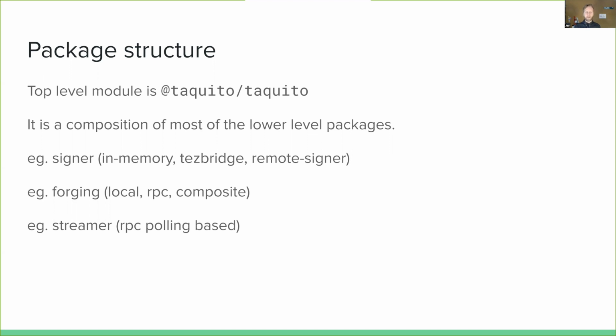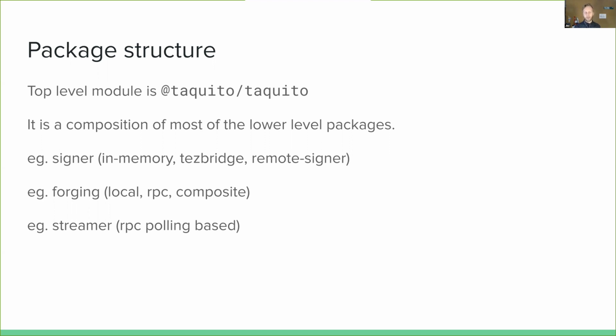But we have many more lower level packages, different packages for signing, for forging operations into bytes, for streaming, and so forth. And the high-level package Taquito is a composition of all the functionality in these lower levels. Now, in most cases, we define interfaces for these different functions with different implementations.